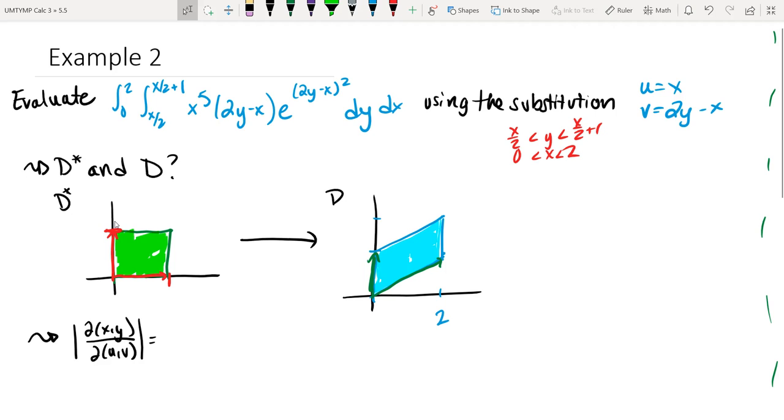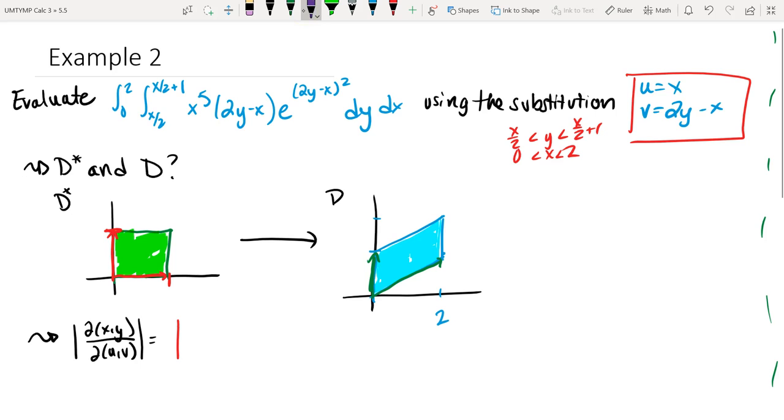Now we want to think about the Jacobian, because yes, we can do all this transformation, but what does this even mean? Okay, so the Jacobian is a piece of that, remembering that it's a scale factor geometrically. So again, these are given in terms of u and v.